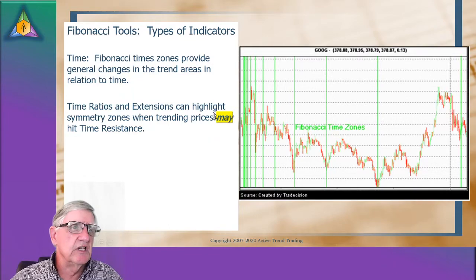So here's an example. This is Fibonacci time zones. As you can see, if you generate them from back here and project them forward to the right, they give indications of where time should approximately become involved. Of course, this is Google a few years ago.